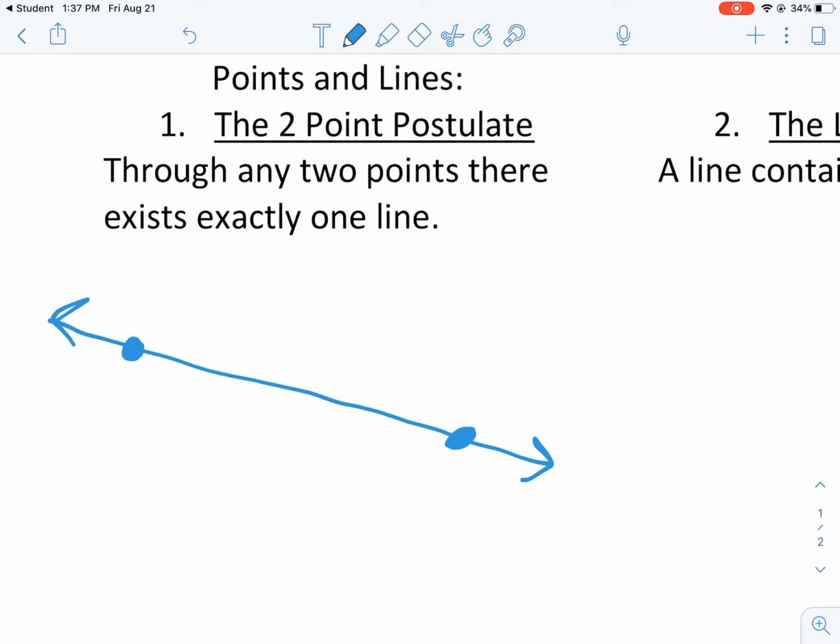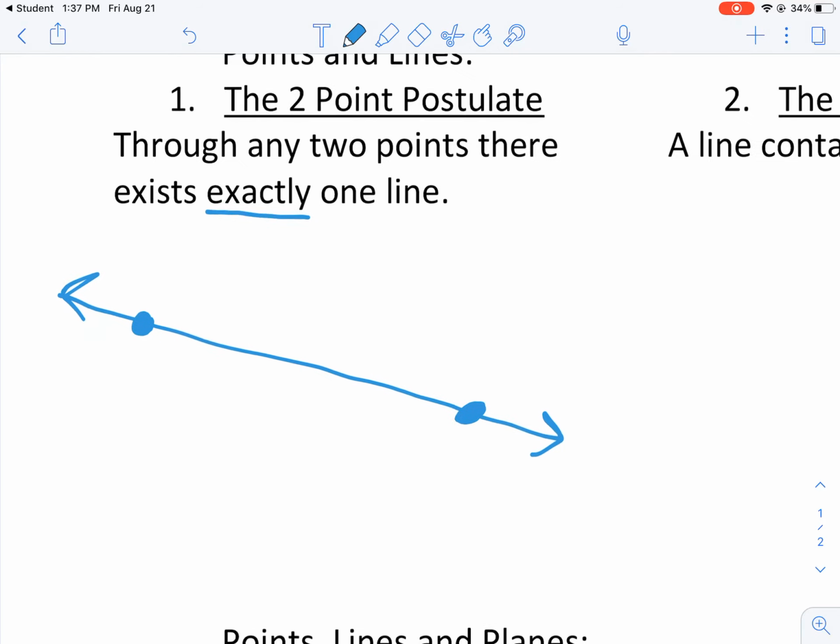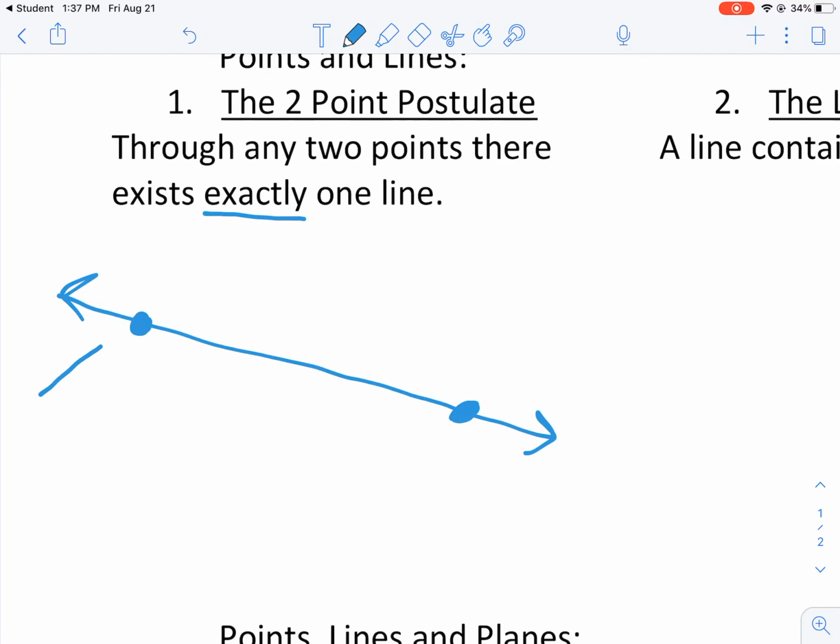Now, it says exactly one line. And the reason that this is true is because lines are always straight, right? So think about another line. In order for there to be something else that goes through those 2 points, it has to curve, right? And this is not a line, so that doesn't count.